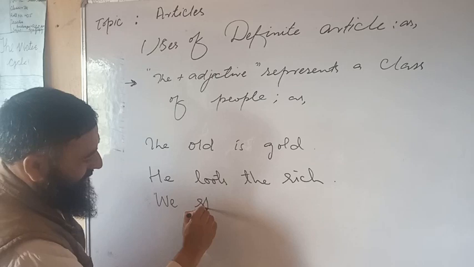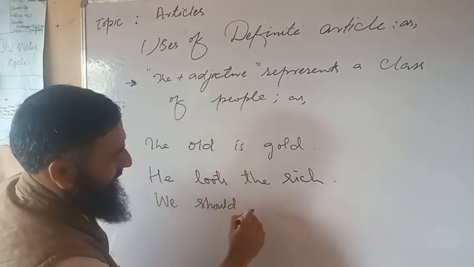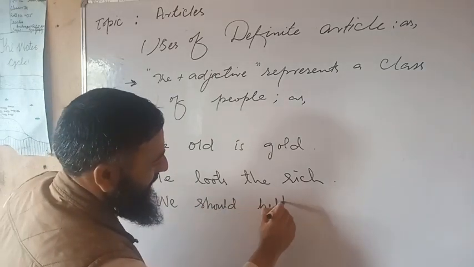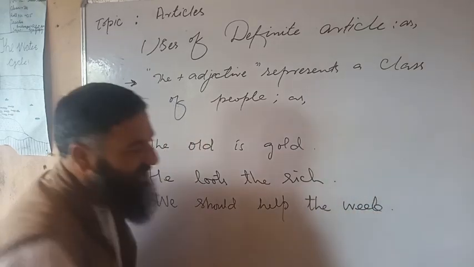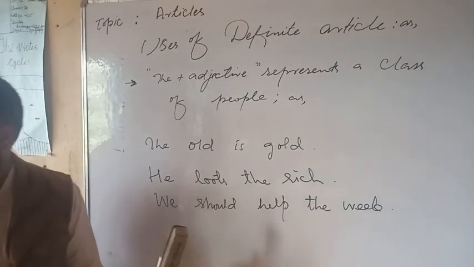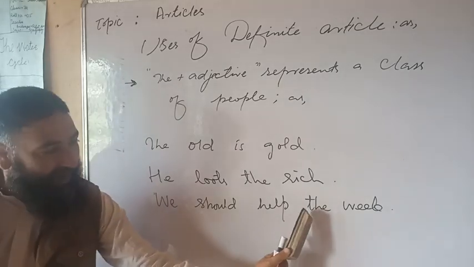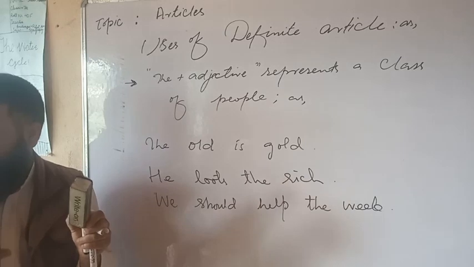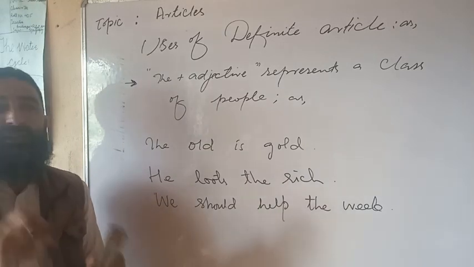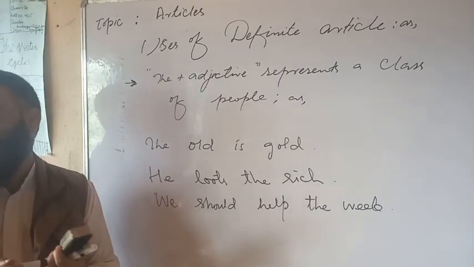We should help the weak means all the weak people. Is it clear? So "the" plus adjective represents a class of people. The weak here means all the people who are weak.